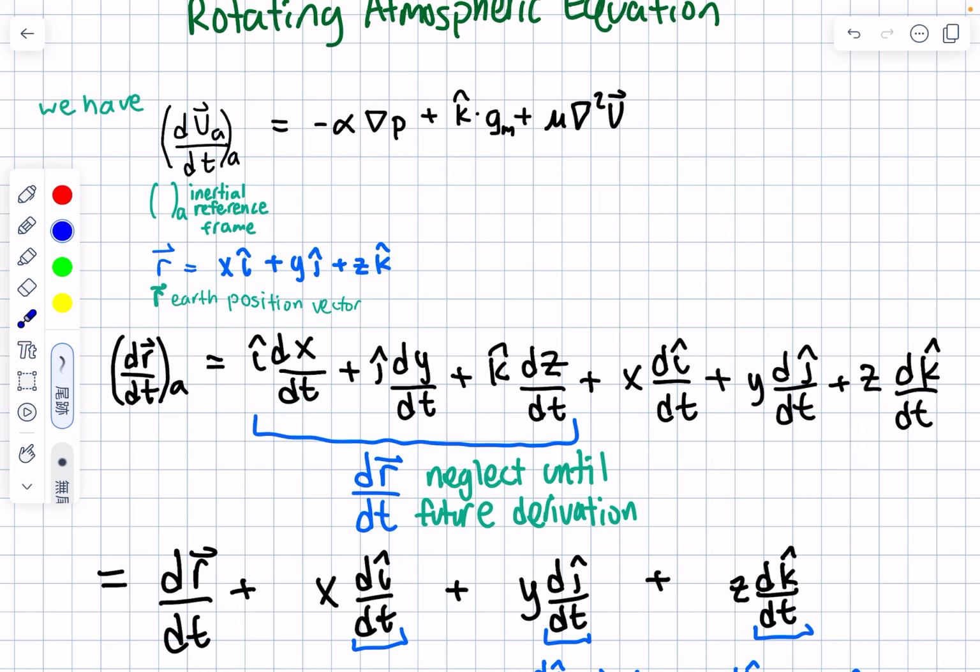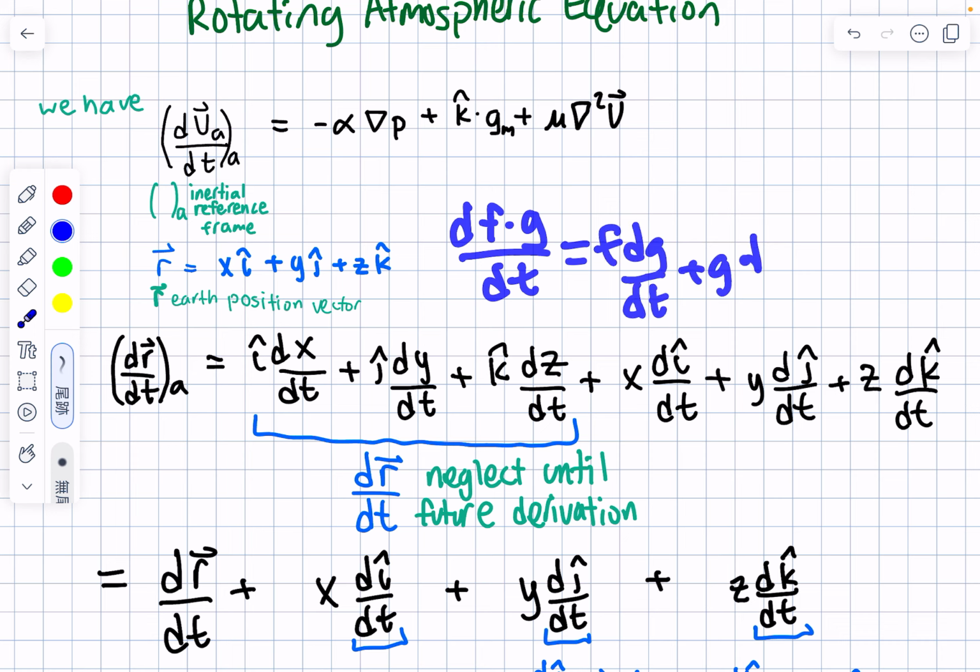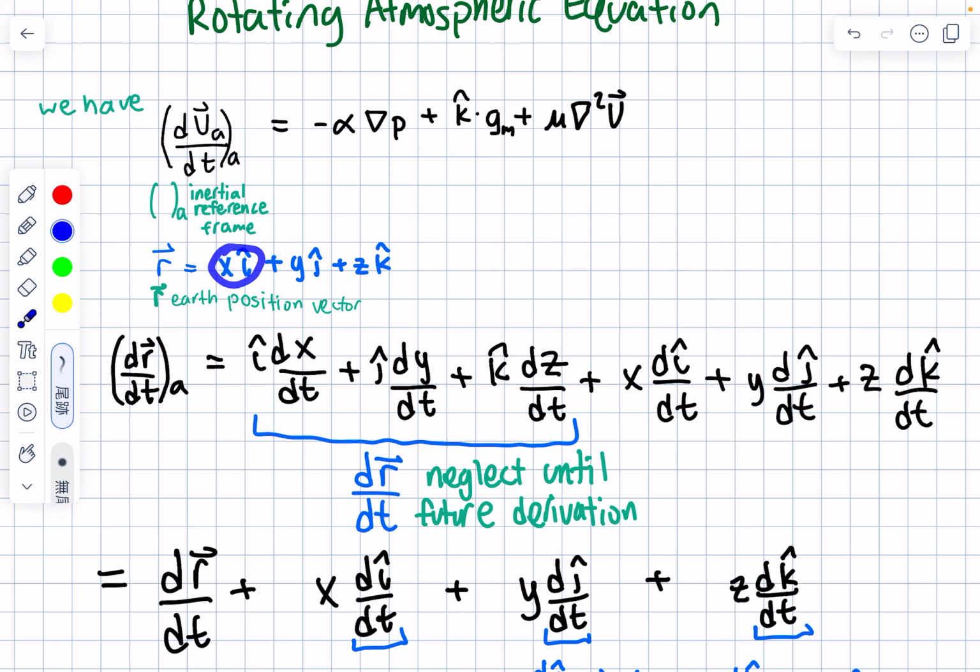And so we take the time derivative of our position vector in inertial reference frame, and we will then use the product rule for each term. The product rule, if you remember, is d of f times g dt is equal to f dg dt plus g df dt. And so each of these terms will have two terms, so we'll have a total of 6 terms.